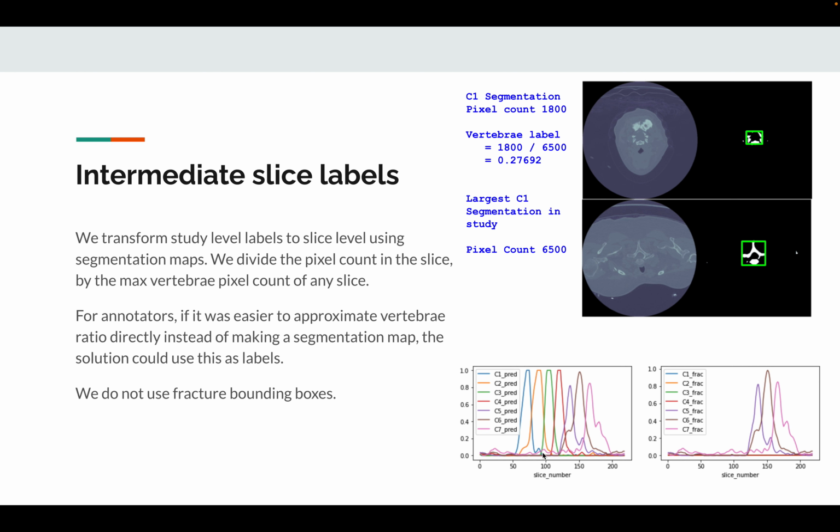So these are the slice numbers here, and we can then get the fracture labels just by taking the study level fracture label for each vertebrae and multiplying it through.